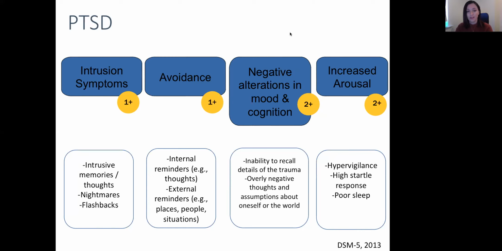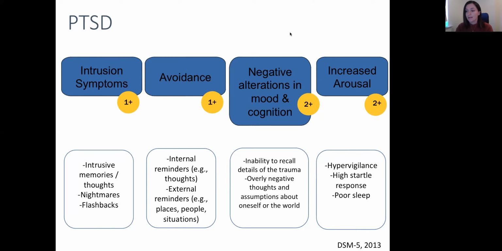Next, we have avoidance. So this could be of internal reminders, so avoiding thoughts or feelings related to the event, but also external reminders, so places, people, situations that are linked to the traumatic experience. Next, we have negative alterations in mood and cognition. So this includes symptoms such as the inability to recall details of the trauma, but it also includes overly negative thoughts or assumptions about oneself or the world.